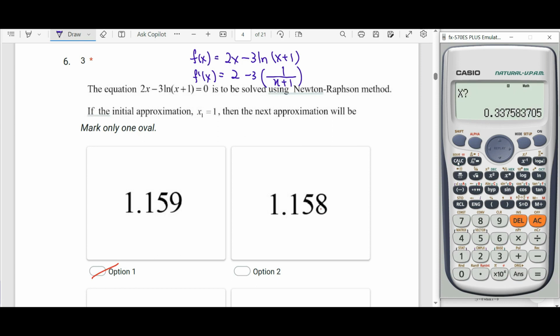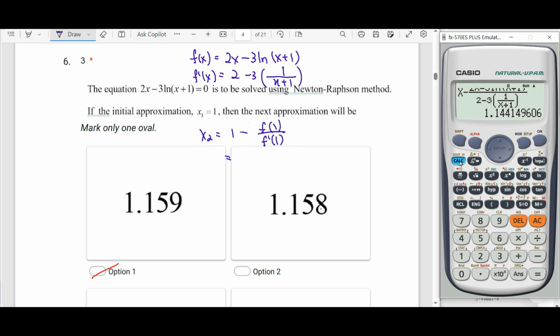So we are going to calculate for the initial value, which is 1. They ask, what is your next approximation? What is your x2? When x1 equals 1, then for x2 we substitute the value of 1 into the formula. I write it in short because this one is just objective.